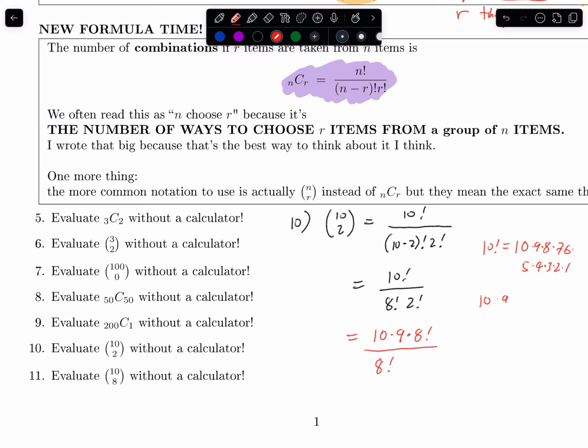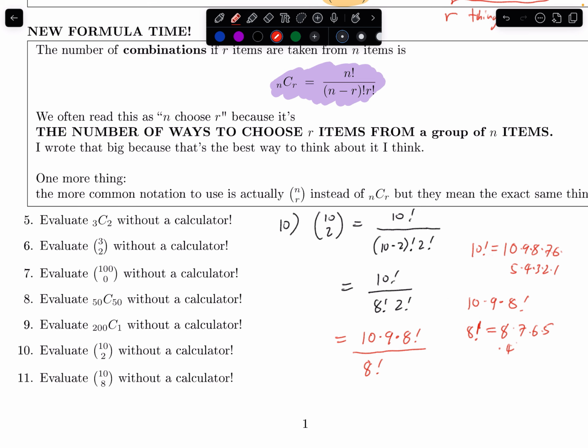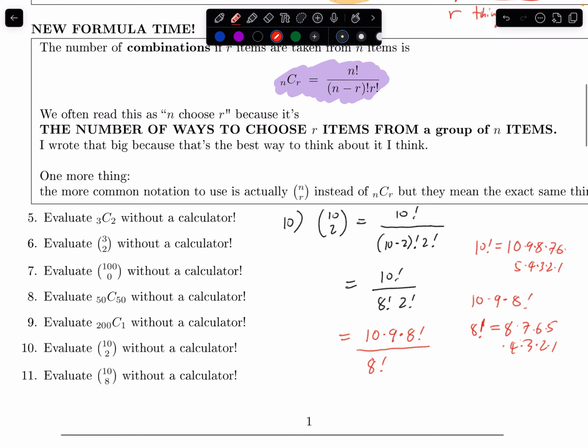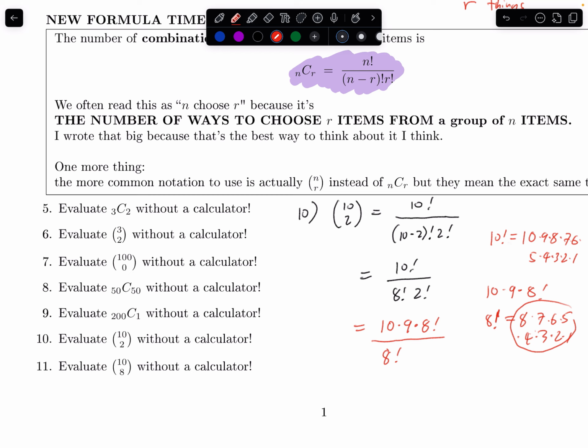So I can rewrite it as 10 times 9 times 8 factorial, because 8 factorial is 8 times 7 times 6 times 5 times 4 times 3 times 2 times 1. This is just reiterating what the factorial definition is. We've been doing this over and over again, but I just felt the need to reiterate where it came from.